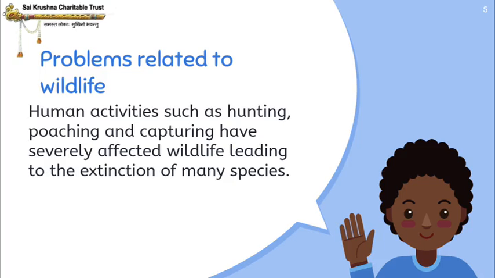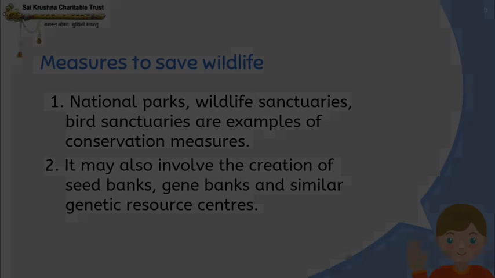So that is called poaching. And for tigers, you take the skins and bones which you can use for many uses. Right? So all these are the different activities by humans which are affecting the wildlife. So what is the result of this? The animal gets extinct.